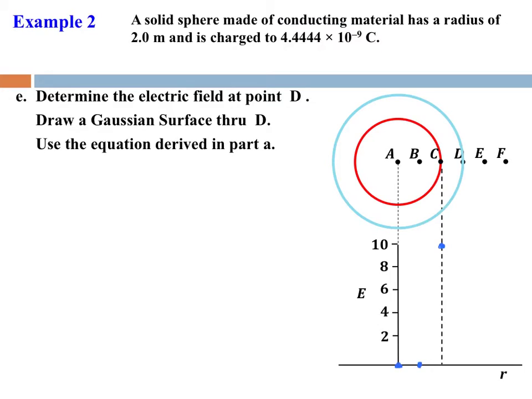In this problem, we're trying to solve the electric field at point D. Now, it didn't tell us that each letter is a meter apart, but our radius is 2 meters, so we can assume that that's happening. So, to solve for the electric field, again, we can use our equation. Now, the charge enclosed is the same charge that was enclosed in part C. But now, our distance has changed.